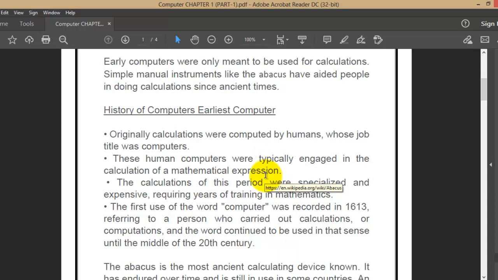Earliest computer. Originally, calculations were computed by people, humans whose job title was computer.